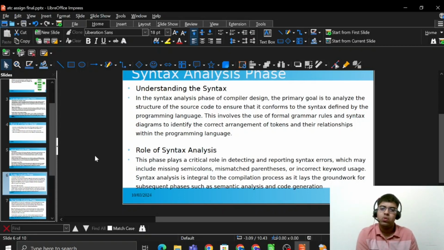Now, what's its role? It helps in detecting and reporting syntax errors, which include missing symbols and mismatched parentheses, etc. It is integral to the compilation process as it lays the groundwork for subsequent phases such as semantic analysis and code generation.